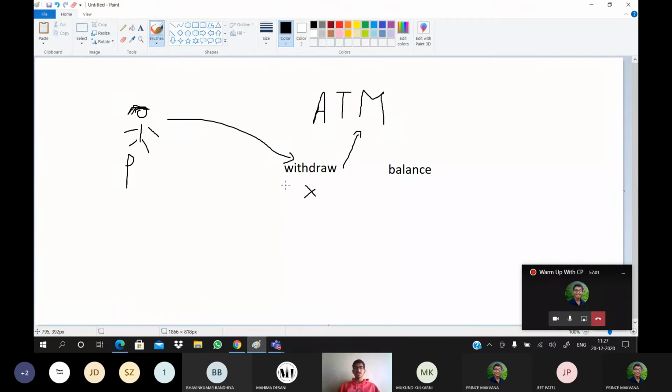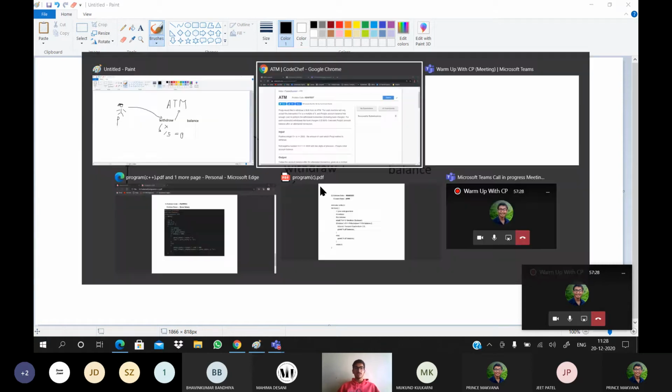But the condition is the amount of money which Pooja wants to withdraw should be a multiple of 5, so it is divisible by 5. Let us write the code.